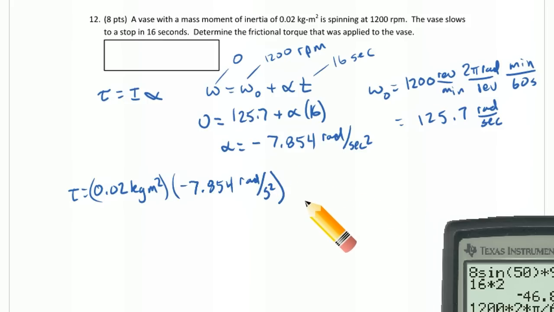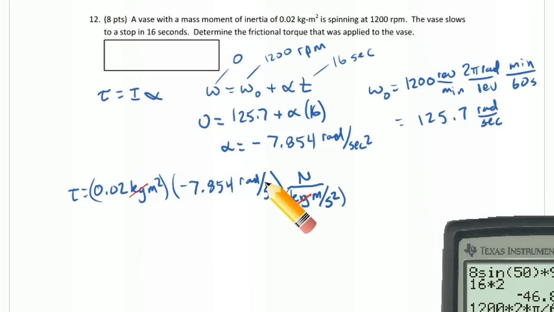Then recall that a Newton is the same as a kilogram, mass times acceleration, meter per second squared. We've shown this before, but just to reiterate, the kilograms show up on the top and the bottom.